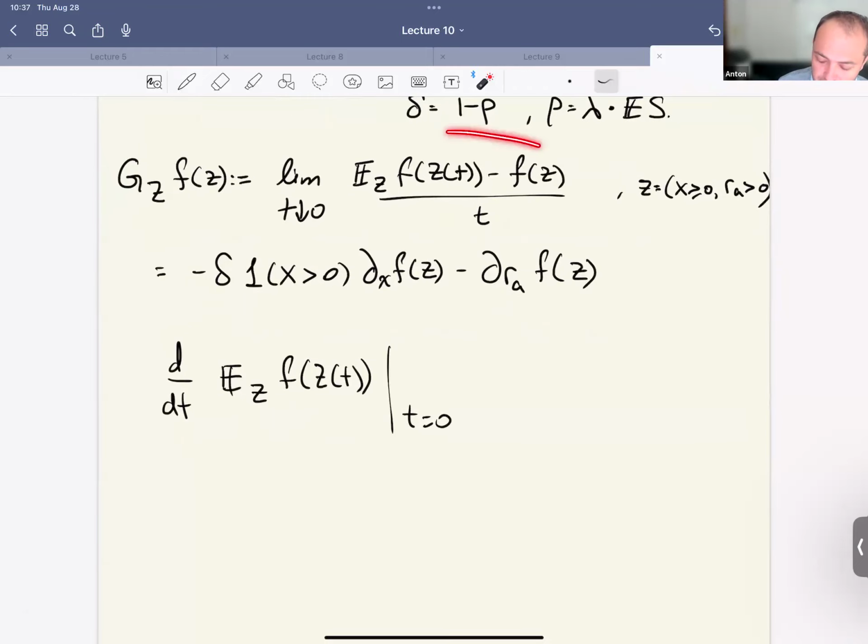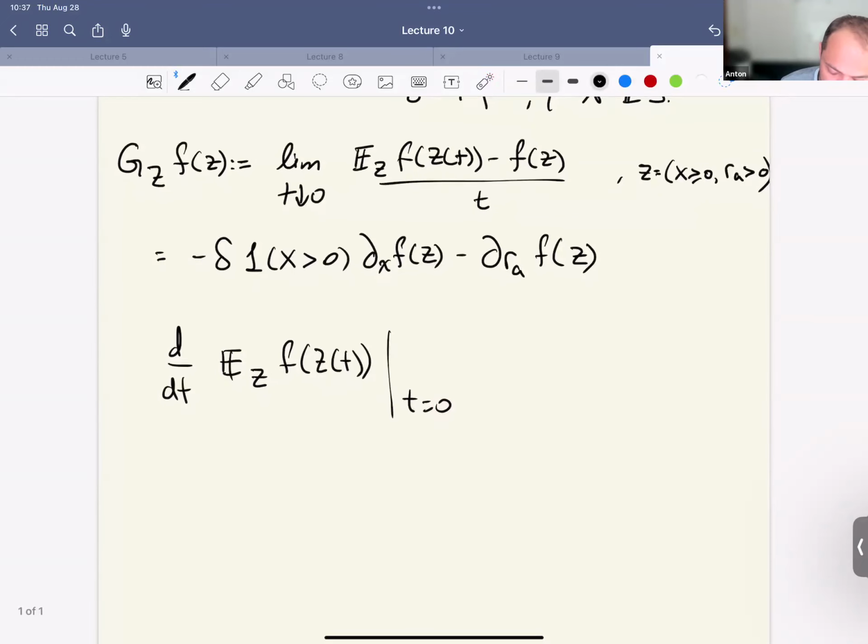There's nothing special about t equals 0, because the little z in the subscript is basically saying we're conditioning on our location. So we can extend the concept of a generator. We can condition on z of s, for example, and look at the time derivative at t equals s. Okay, so that's going to be the generator. All of this goes to say that for CTMCs, we have this very nice property, and this is Dynkin's lemma.